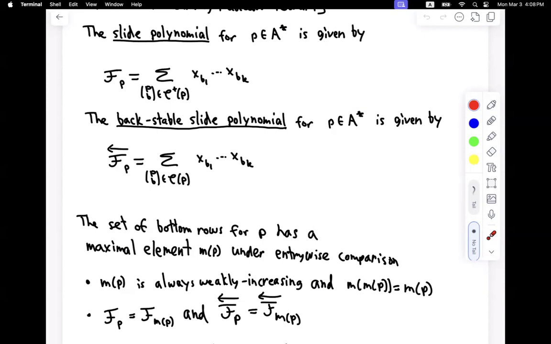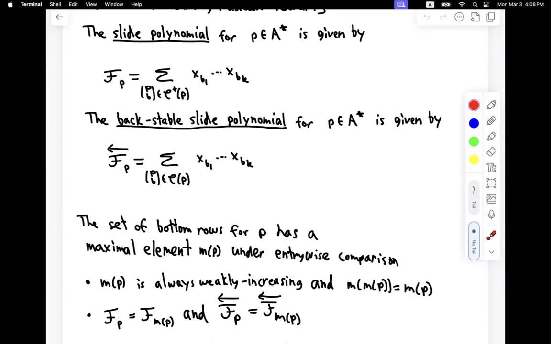A second thing is, well, M of P is a bottom row, and the bottom rows are always weakly increasing words of integers. And furthermore, because this is now a word as well, if I take the maximal bottom row of something that's already a weakly increasing word of integers, I just get the same thing back.